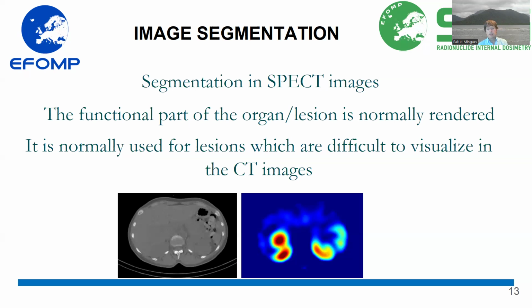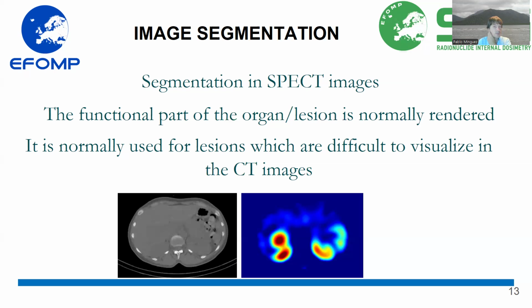So there are different techniques to segment organs or lesions or volumes in SPECT images, and also in the case of the CT images. In the case of CT images, because we have such a good spatial resolution, we could delineate the organs manually, but that takes lots of time.